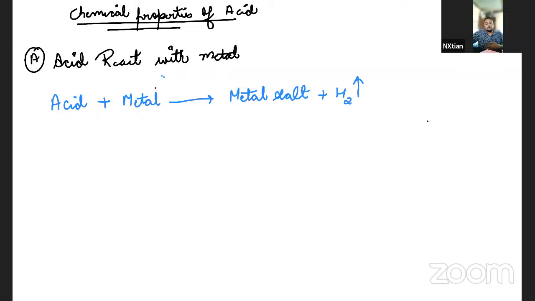Whenever acid reacts with metal, metal salt will form and hydrogen gas will be released. Okay, how? For example, if I take HCl plus a metal, I'm taking sodium. So what will form? Sodium chloride, which is a salt, and hydrogen gas.